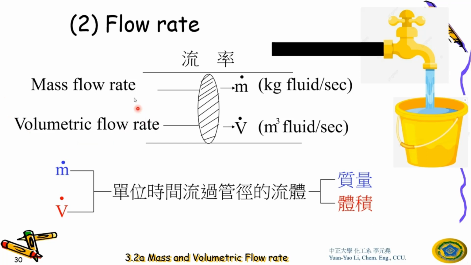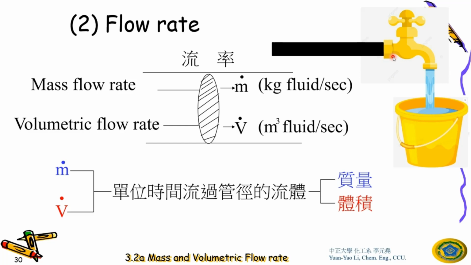Okay? So now let's look at the definition of a flow rate. For example, this is a pipe, something like this. And you have a tap here. And the valve controls the flow rate, right? If you turn it on, this flow rate will become larger. And if you turn it off, you can shut down this flow.